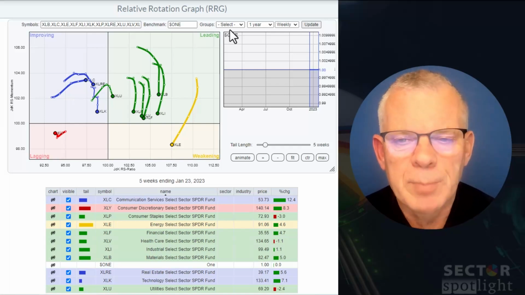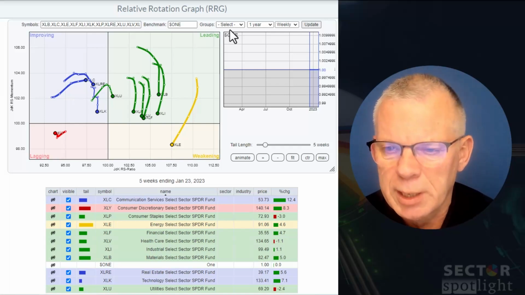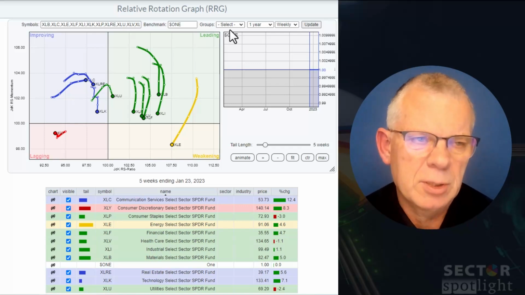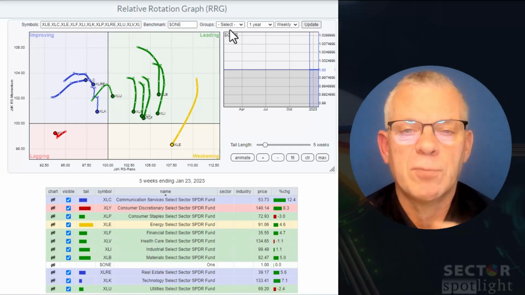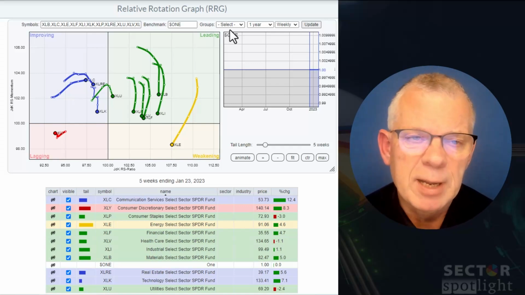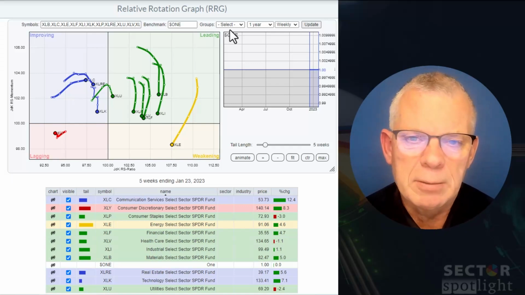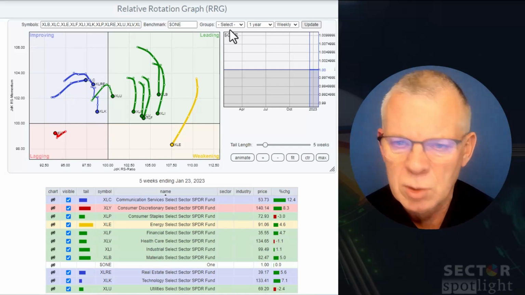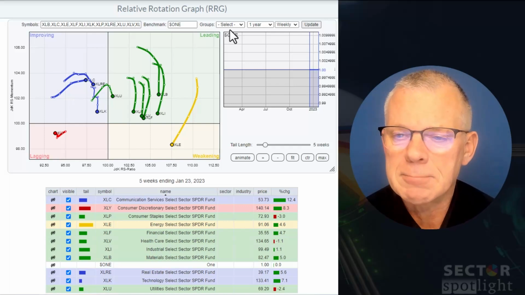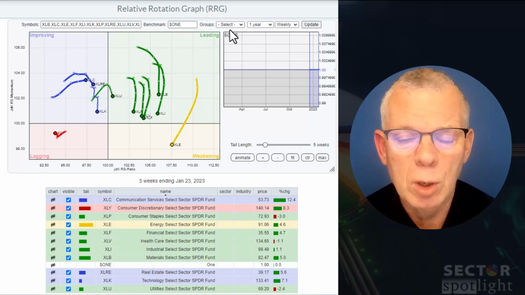And I know that a lot of people who are watching Sector Spotlight like to do that because it gives them a feel for absolute price development. And especially if you're a retail investor, then who cares about relative strength? You need to make money and you need your portfolio to go up. So there is no better benchmark than the flat line, so no loss.